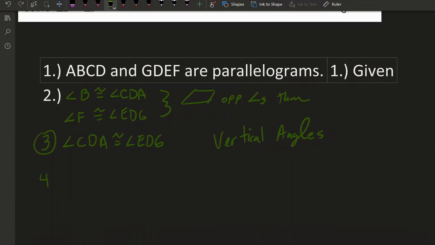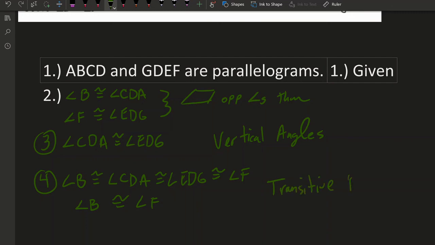I can say step 4, angle B is congruent to angle CDA, which is congruent to angle EDG, which is congruent to angle F. And then, since all of these are congruent, I can just jump straight from angle B is congruent to angle F, and that is called the transitive property.